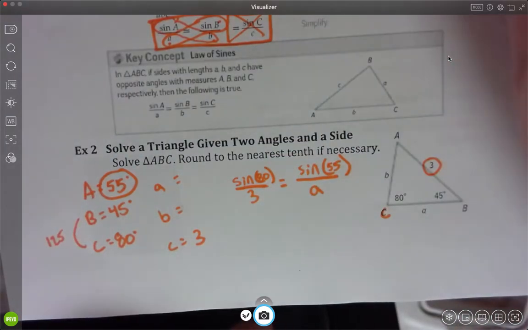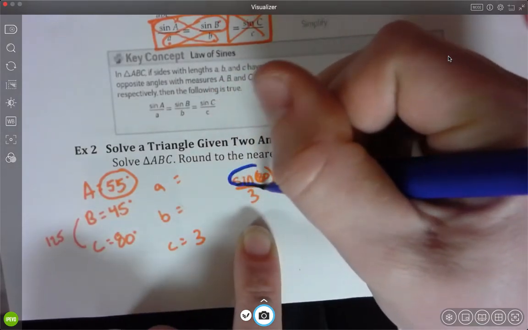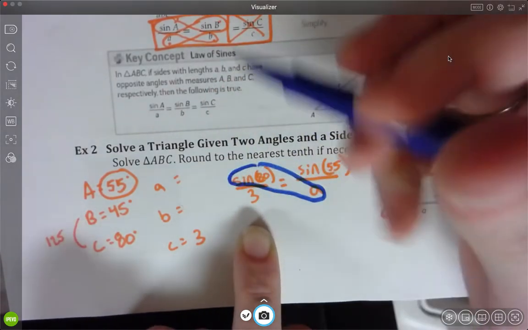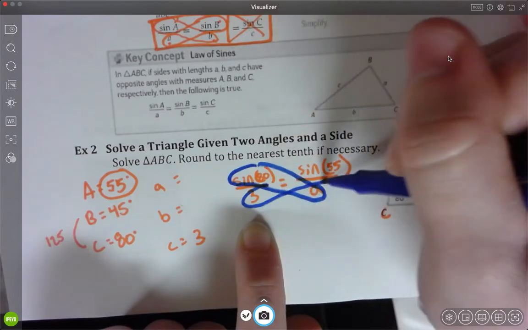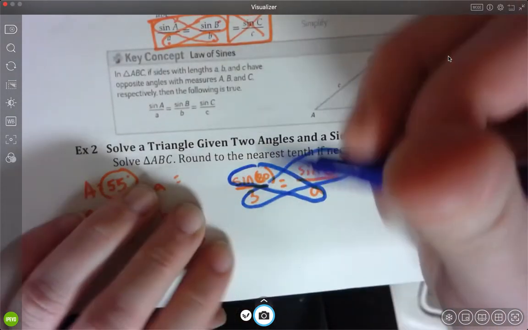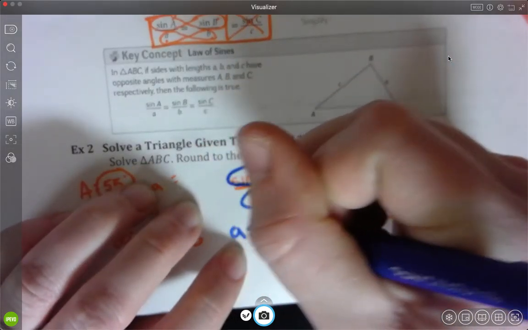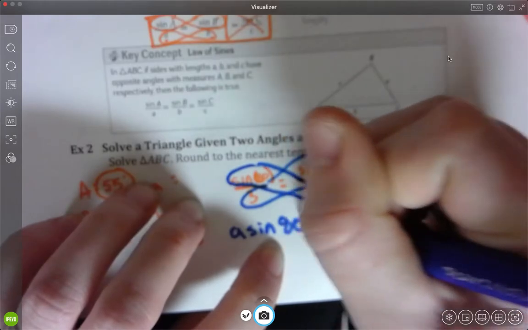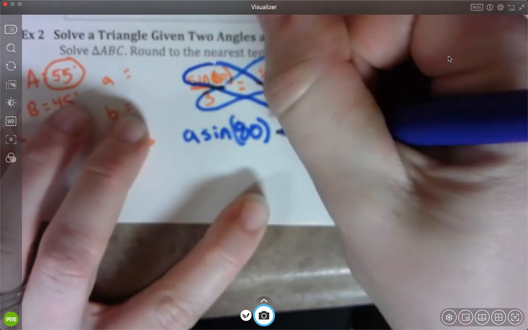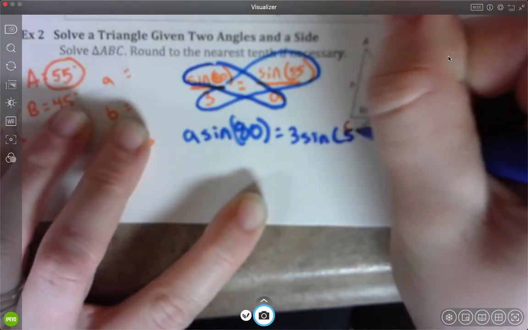All right. So the thing that I know is 80 and 3. I put that as one side, and then I'm going to put the 3 and the sine of 55, and multiply those together. So A times sine of 80 equals 3 times sine of 55.